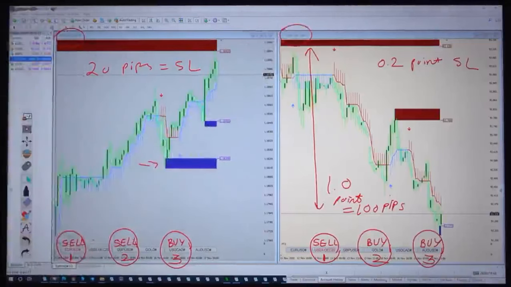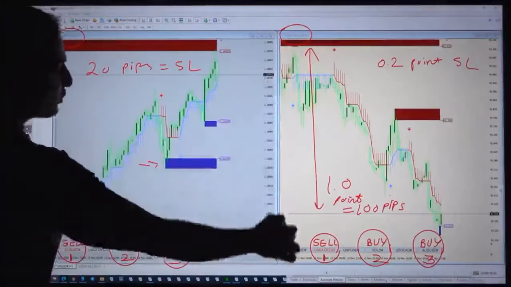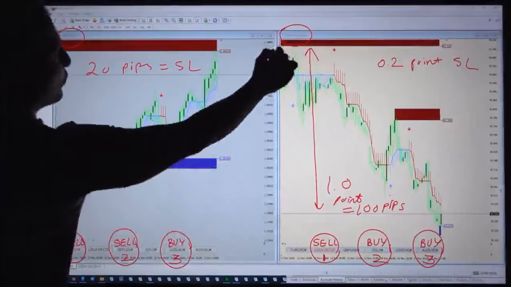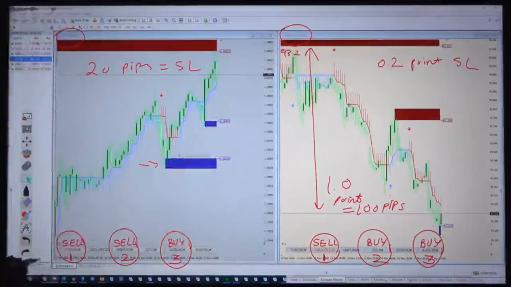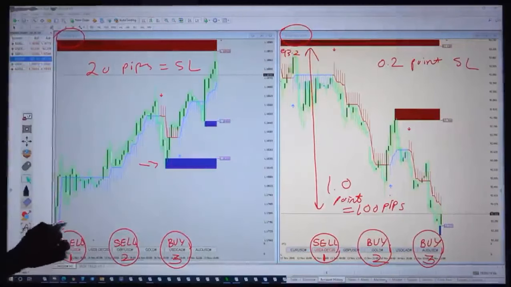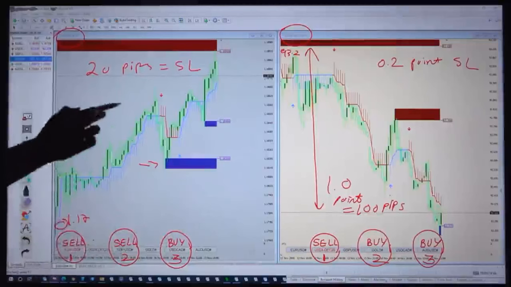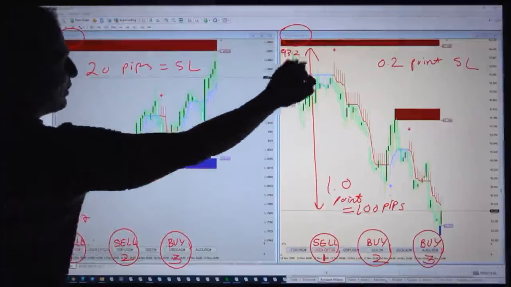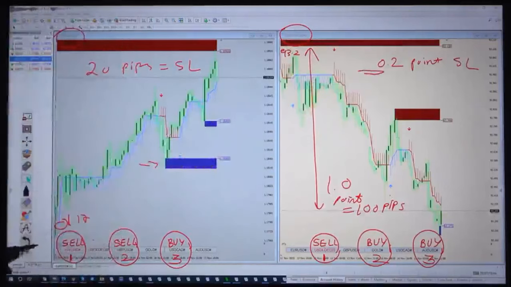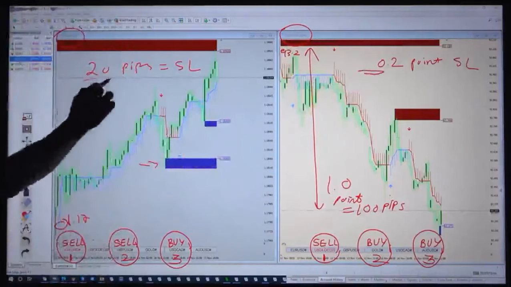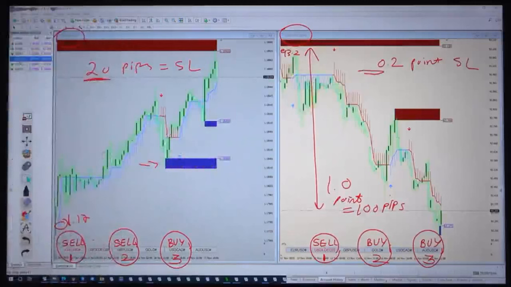Now what we have done here, when USDX was trading near 93.2, Euro was trading near this level, 1.17. So what we did, we sold USDX with 0.2 loss, and here we kept 20 pip SL and we sold Euro USD.